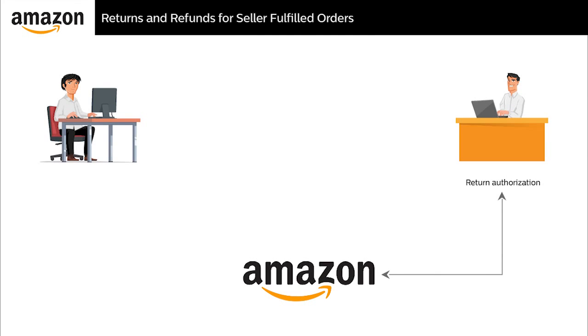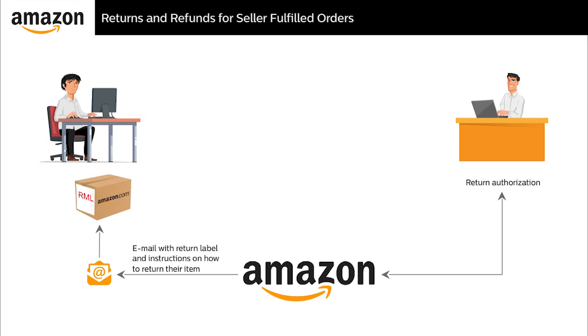After seller authorization, Amazon will send an email to the customer stating that return is authorized. The approval email would also contain a Return Merchandising Authorization or RMA and the return mailing label or RML, as well as Amazon's standard return instructions along with any special instructions by the seller.